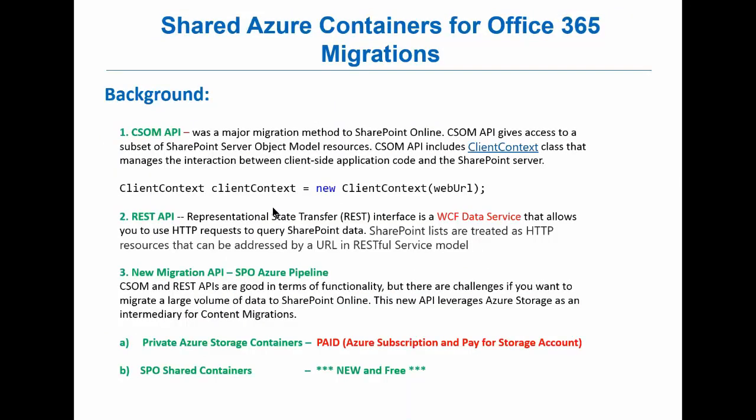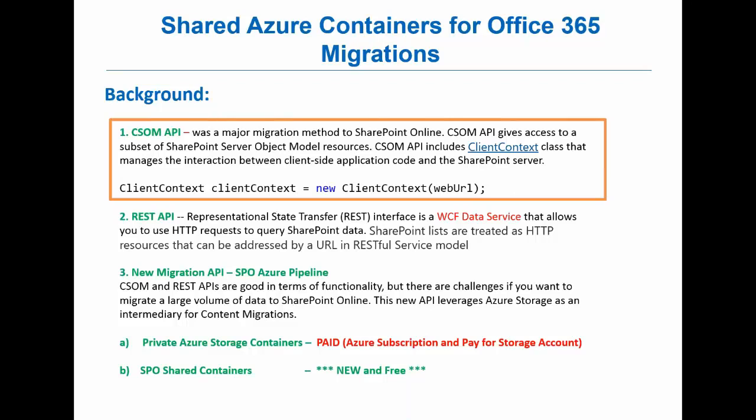As we all know, CSOM API was a major migration method to SharePoint Online, and CSOM API basically gives you access to a subset of the SharePoint Server Object Model. It uses a client context which manages the interaction between client applications and SharePoint Server.